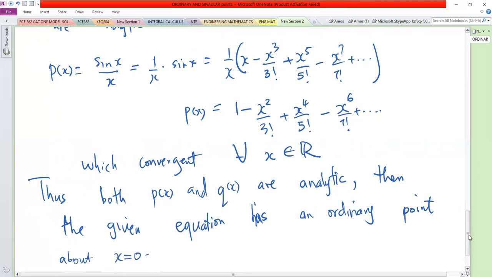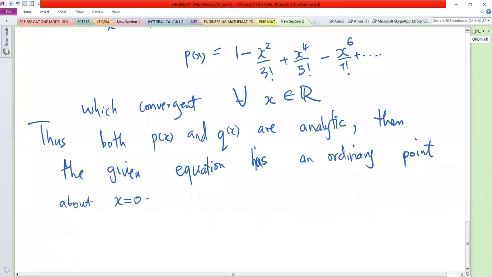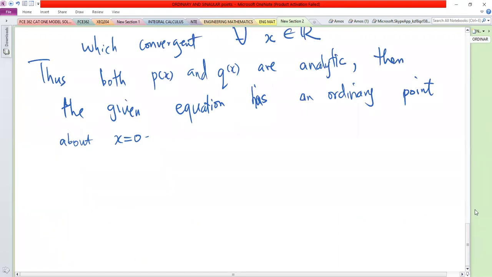So therefore, x equals 0 is an ordinary point of the given differential equation, because it agrees with the definition of an ordinary point.